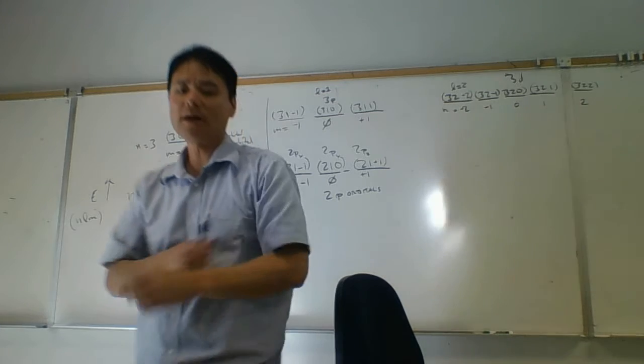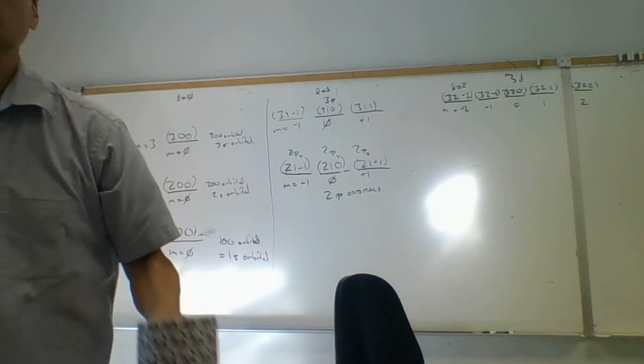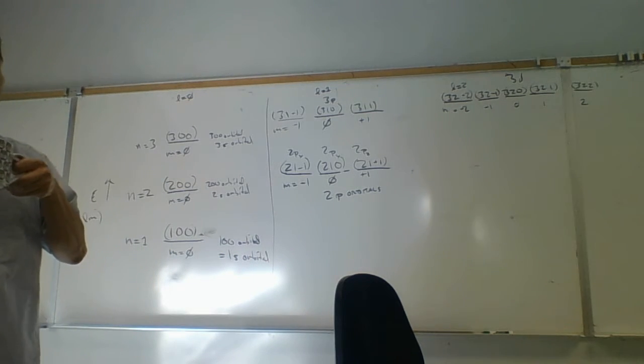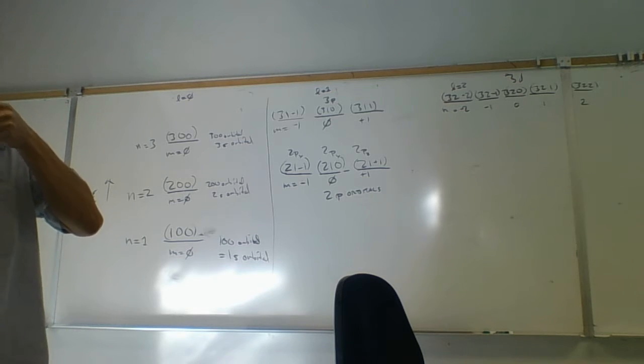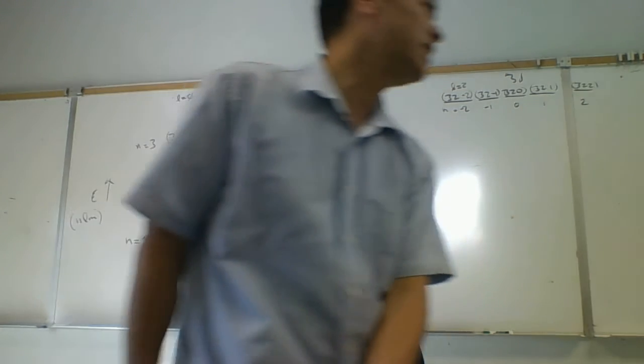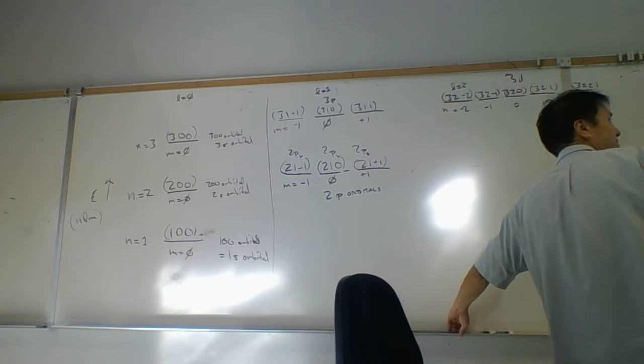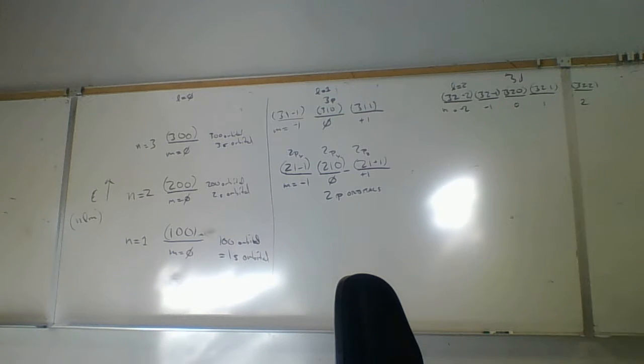Do you see a mathematical pattern? It's n squared. There's going to be n squared orbitals. When n equals 4, how many orbitals are there? 16. Is that what we see? Yeah, that's what we see. 1 plus 3 is 4, plus 5 is 9, plus 7 is 16 orbitals.